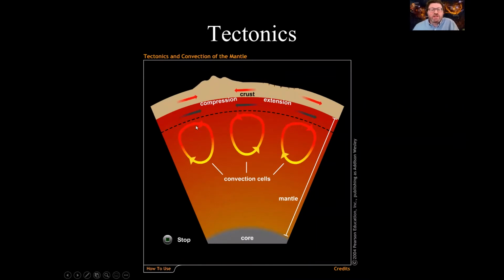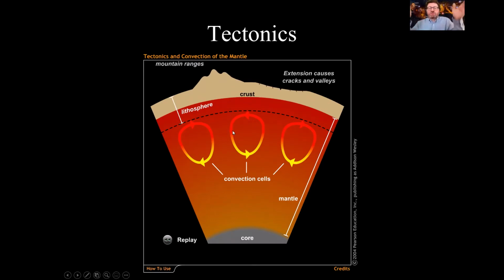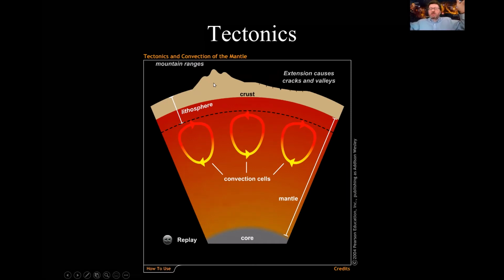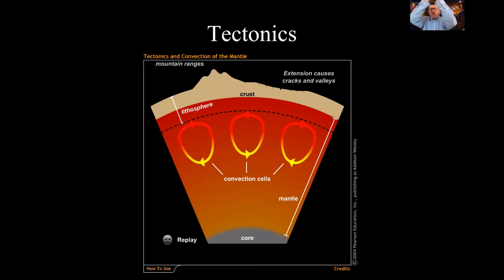This one is moving at the top from left to right. This one is moving from right to left. So it's pushing in on this central location here. And so what happens is mountain ranges would rise up as the lithosphere and the crust get pushed together at that location, and the material's got to go somewhere. So it goes up and forms those mountain ranges.